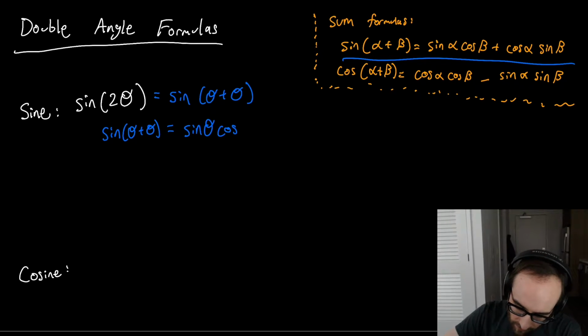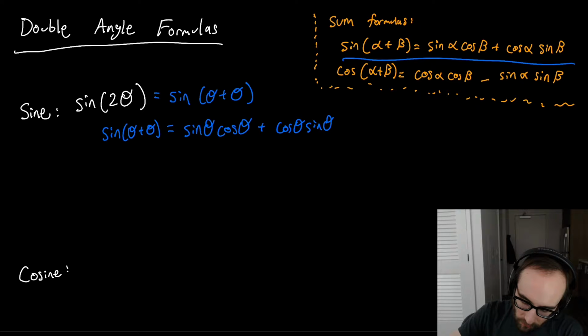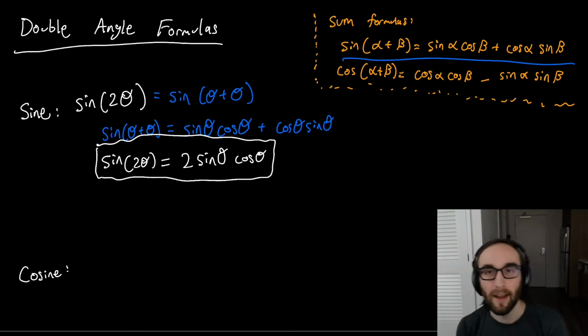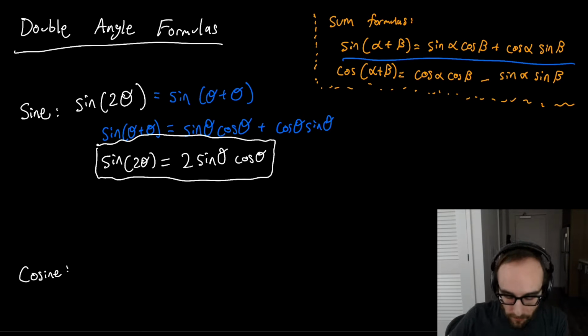Sine theta cosine theta plus cosine theta sine theta. Which if we combine, we get sine of 2 theta is equal to 2 times sine of theta cosine of theta. And that's it. That's our double angle formula for sine. So we can find that just using our sum formula.